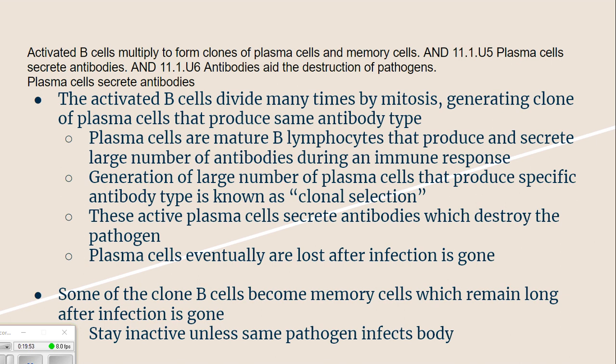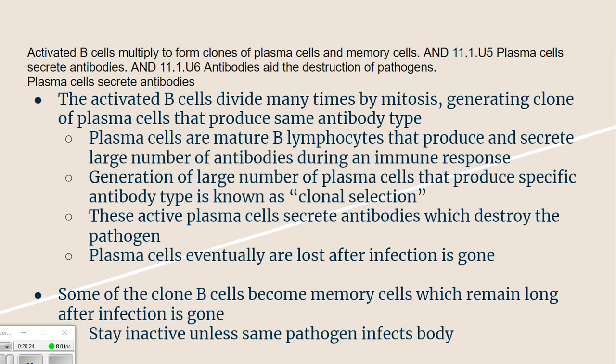These active plasma cells secrete antibodies, which will help destroy the pathogen. Plasma cells, once the infection is cleared, and we'll assume that we have cleared the infection, we don't need all those plasma cells anymore. So they are eventually lost. They undergo apoptosis and self-select and remove themselves.